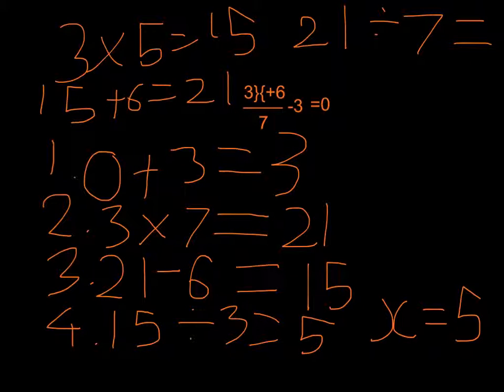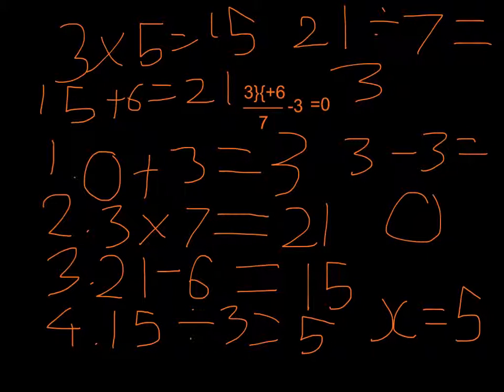This is equal to 3. 3 minus 3 is equal to 0. This proves that the equation is correct.